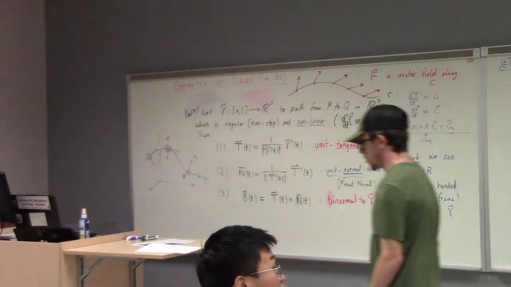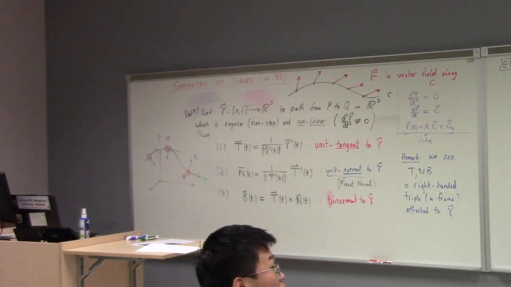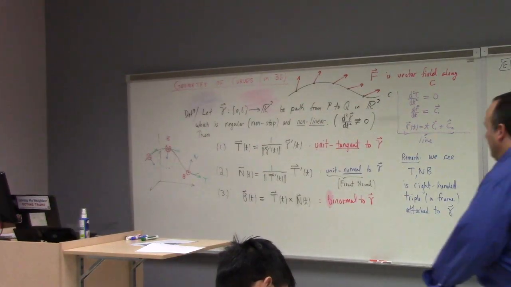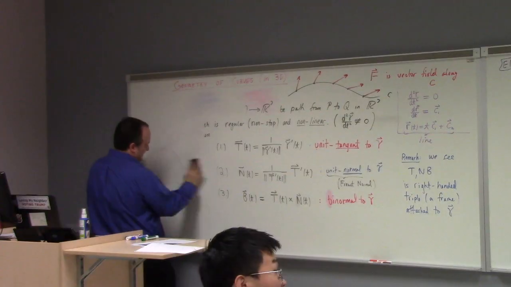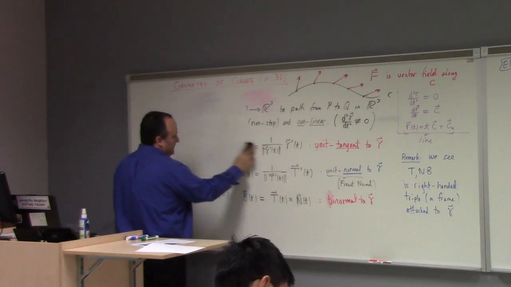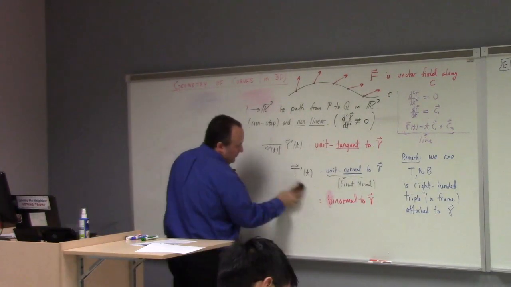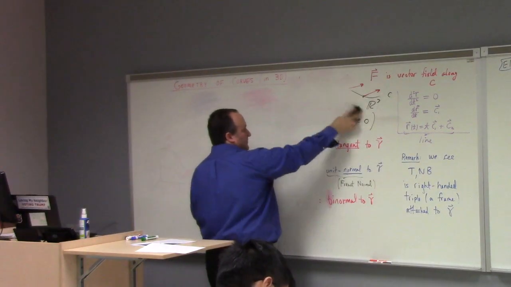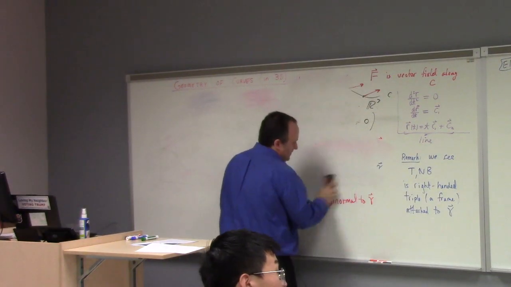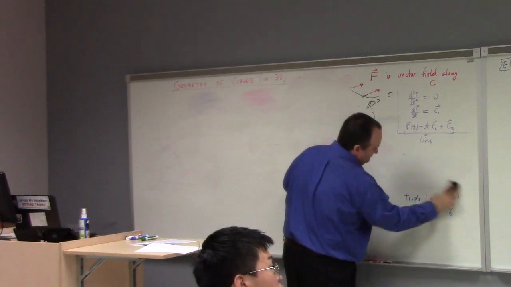Cool. So let me collect our winnings. All right. What have we got? We've shown that the derivatives of the normal and the tangent and the binormal have to be related to what?